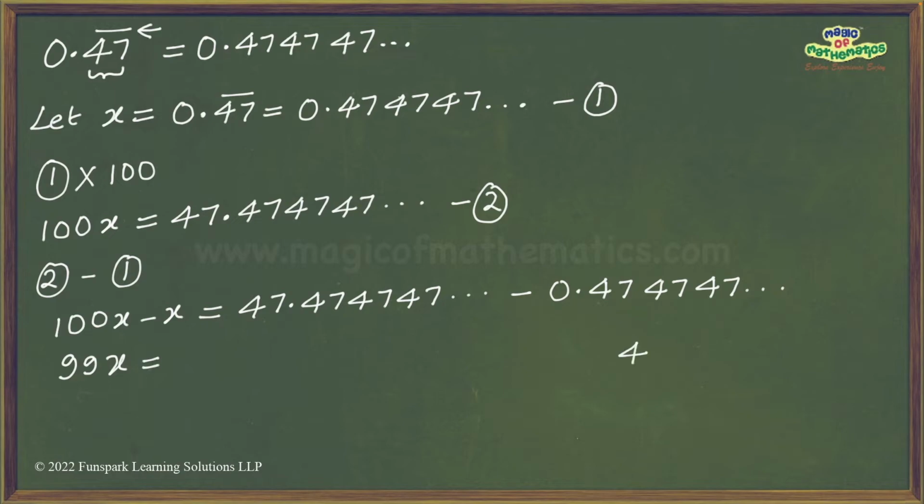Let us see what happens when we do 47.474747 and so on minus 0.474747 and so on.